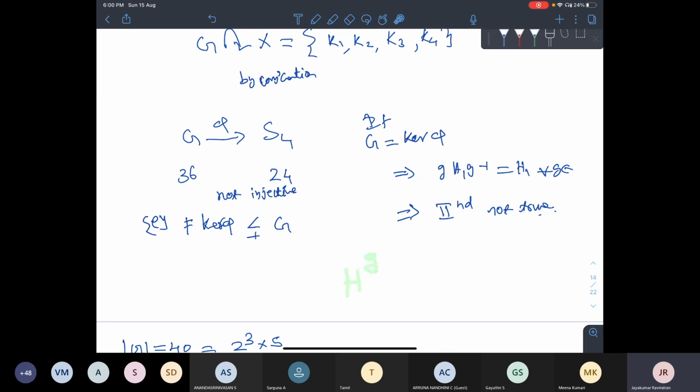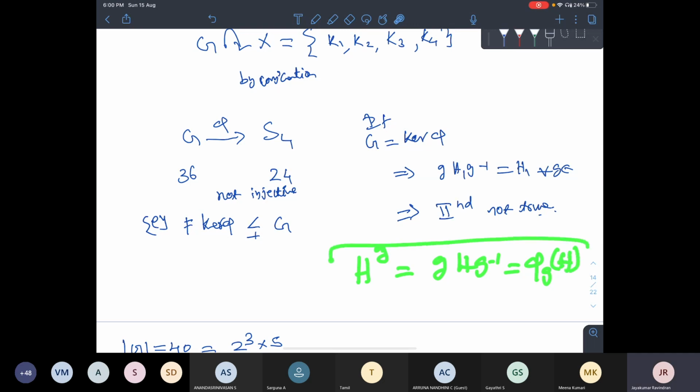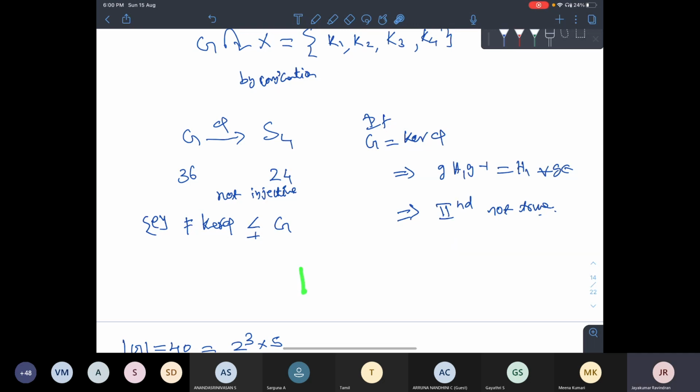This is because it's a Lie algebra notation. gH means g H g inverse, which is nothing but phi g of H. All of them are the same. Okay, it's a fancy notation. Think about this notation also. So whenever you catch one p-Sylow subgroup, multiply by g and g inverse and conjugate that, you will get all the p-Sylow subgroups. That means any two p-Sylow subgroups are conjugate. That is exactly the second Sylow theorem.